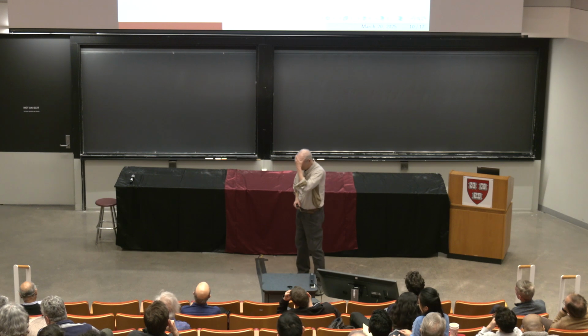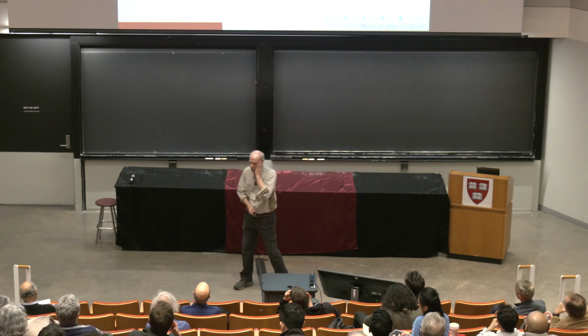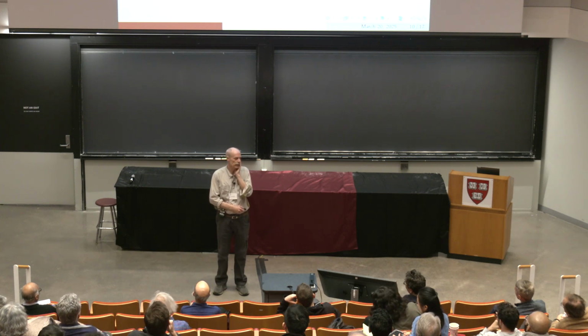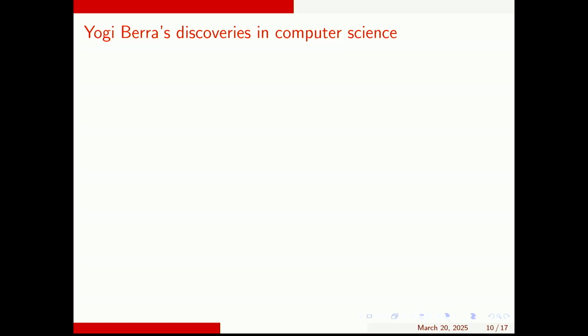Now, I have to make a slight digression here. Probably most, but not all of you know that Yogi Berra was once upon a time a catcher and then a manager for the New York Yankees. That's baseball. He would come up with goofy things, but he did that with sufficient frequency that he became known as someone you could ascribe a quote to and everybody would believe he must have said that.